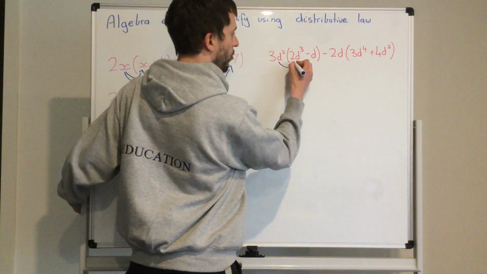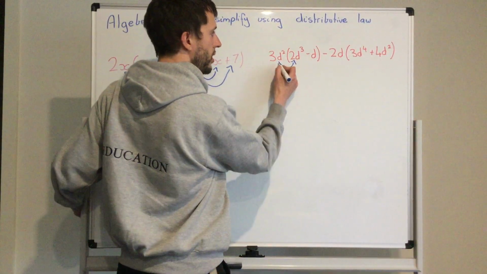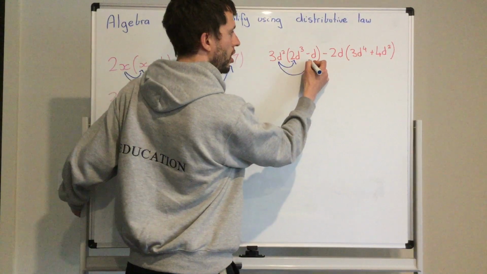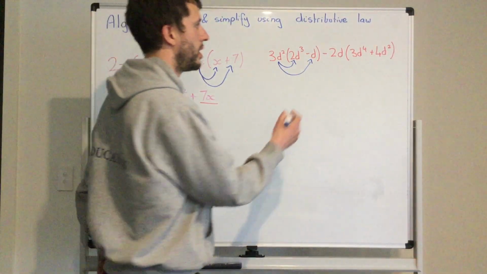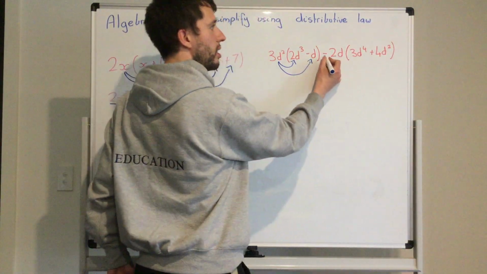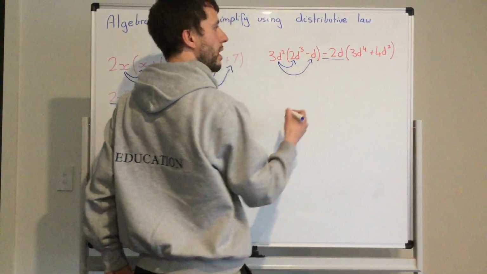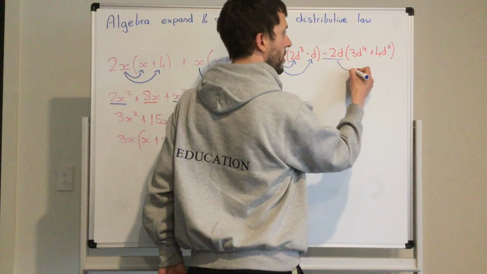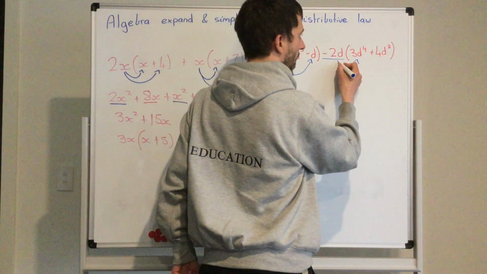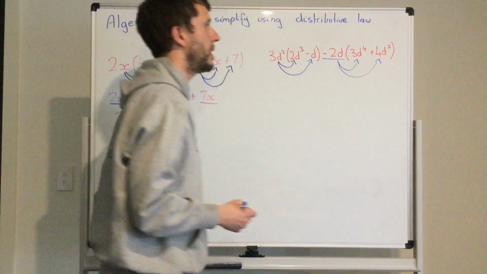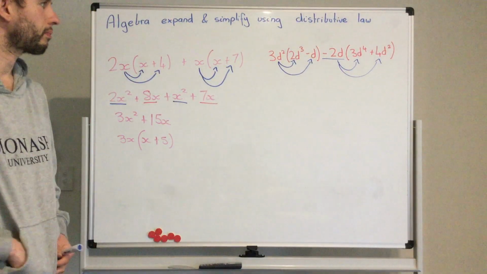That means 3d to the power of 2 is timesing by 2d cubed and minus d. Now, this 2d here has got a negative, so that's a negative, and it's been times by 3d to the power of 4 and plus 4d to the power of 2.